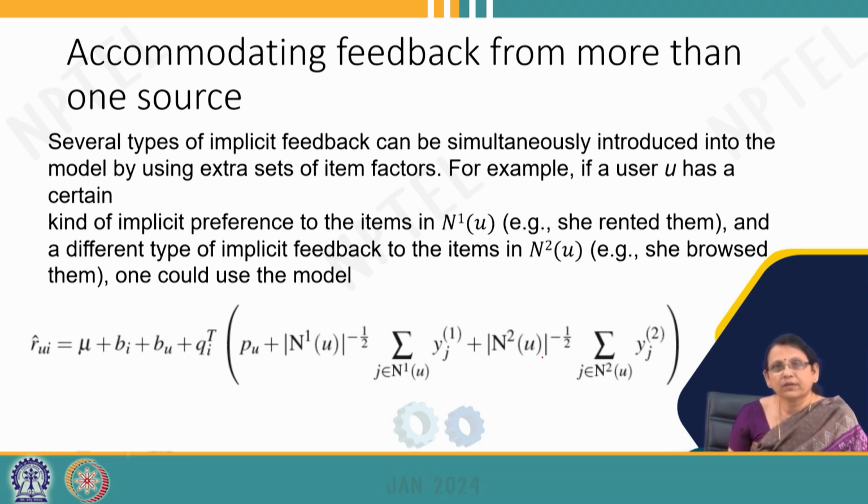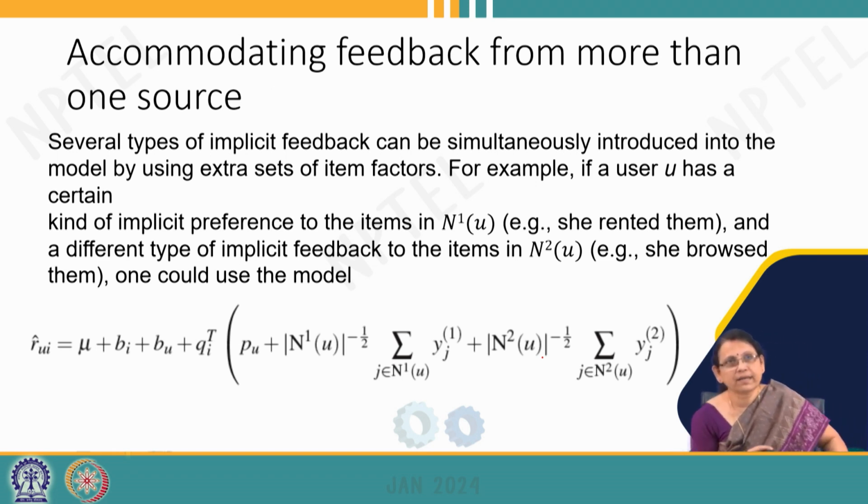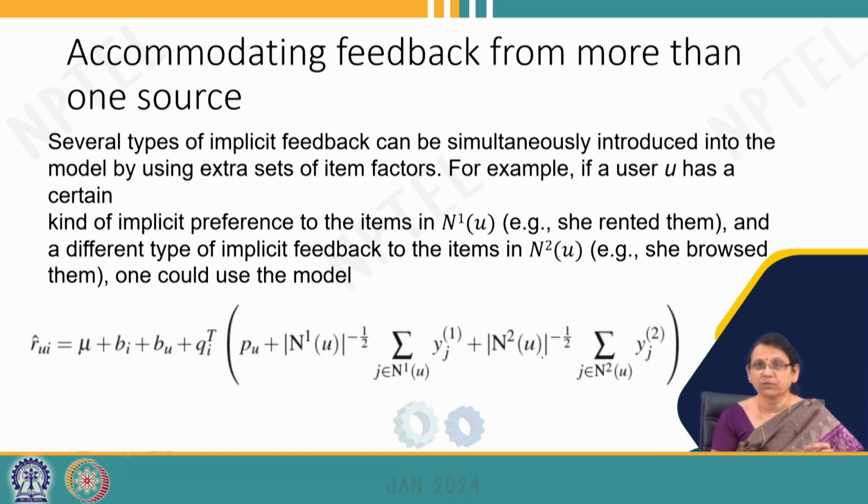Now, that was the feedback which was generated from the rating matrix. Why was it called the feedback from the rating matrix? Because our observation was that whenever the rating was given, which means the user is interested, give it 1, and if the rating is not given, give it 0. Continuing in the same manner, if an external implicit feedback is available and you treat it in a 1-0 manner, you will get this.